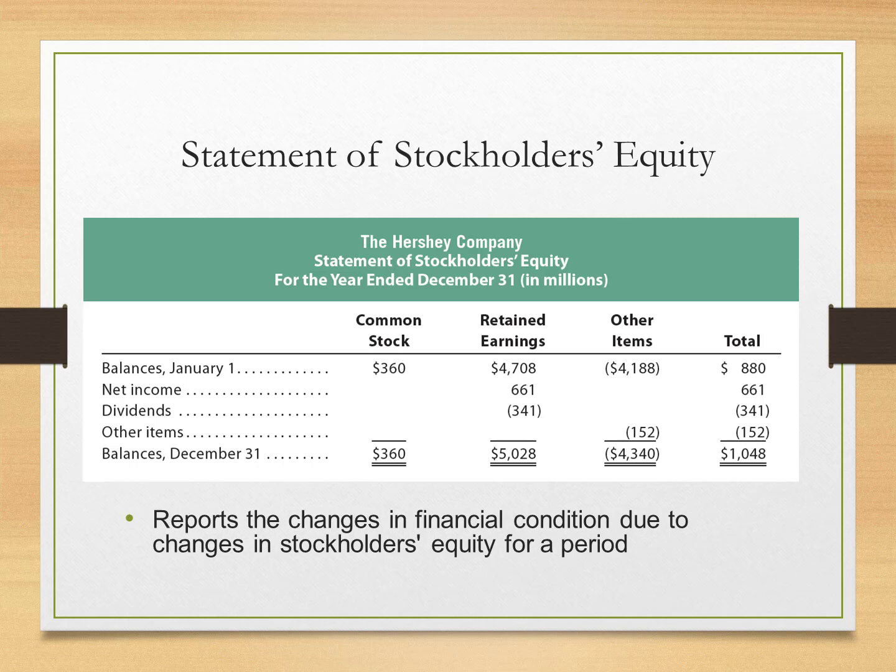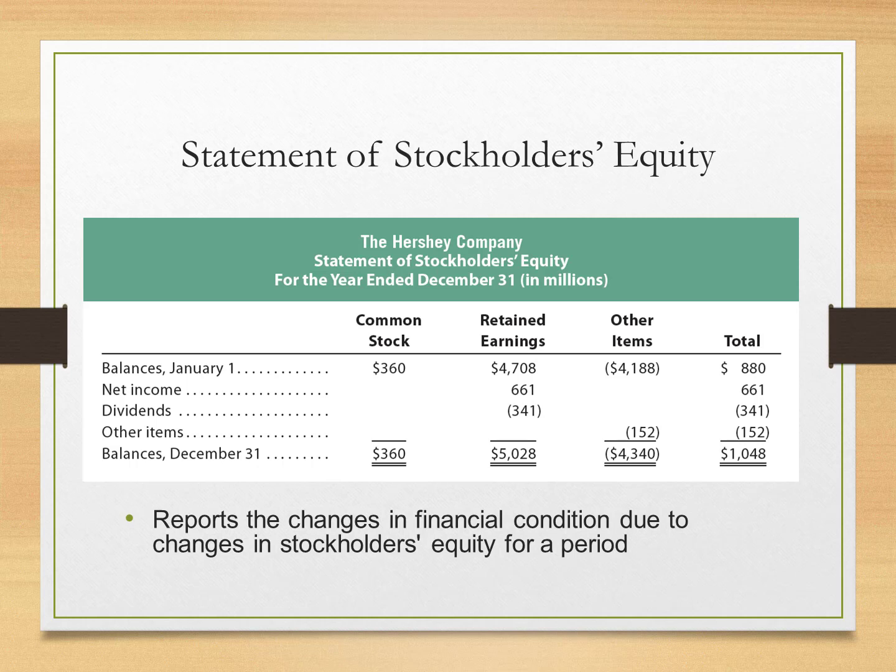This is last year's ending balance. Changes to retained earnings from net income and dividends are reported. These changes are what occurred during this period. And then finally, we report the balance as of the end of the period. In this case, it is December 31st.